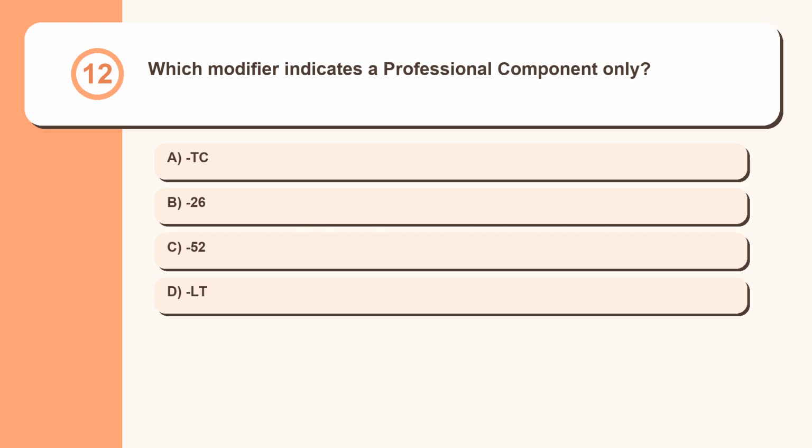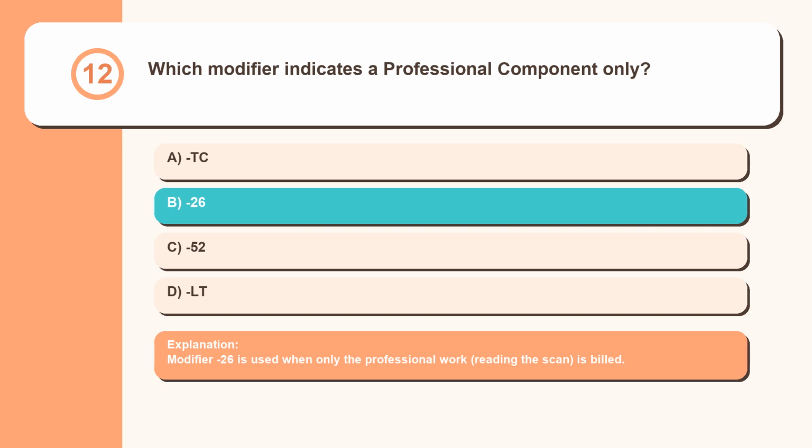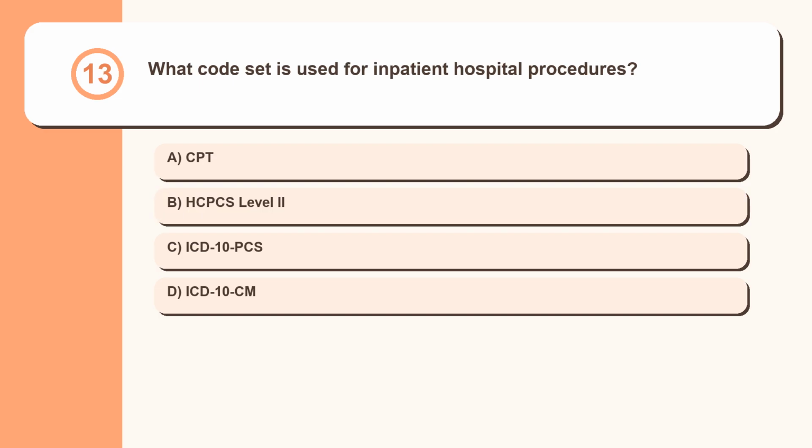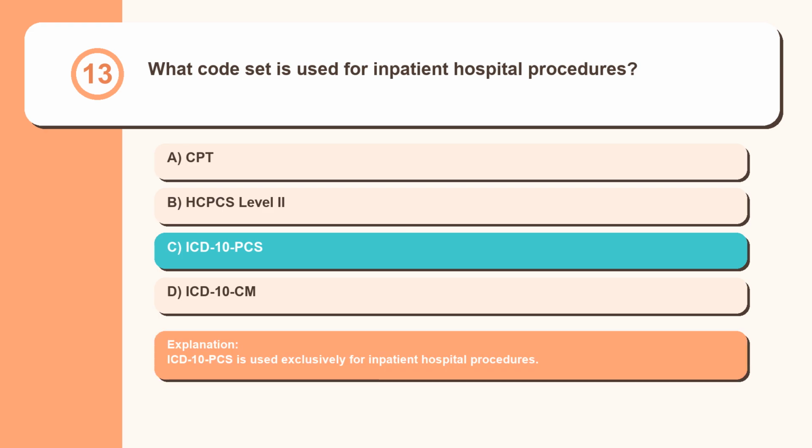TC, -26, -52, LT. Modifier -26 is used when only the professional work, reading the scan, is billed. Question 13. What code set is used for inpatient hospital procedures? CPT, HCPCS Level 2, ICD-10-PCS, ICD-10-CM. ICD-10-PCS is used exclusively for inpatient hospital procedures.